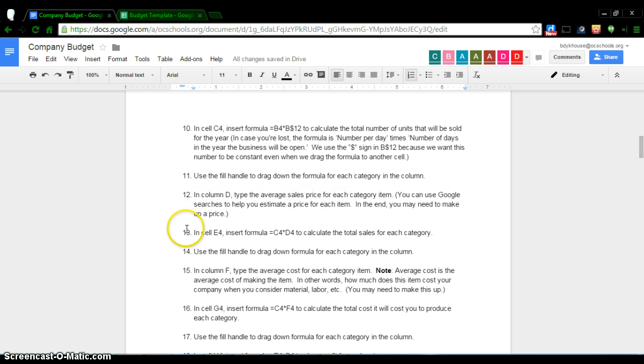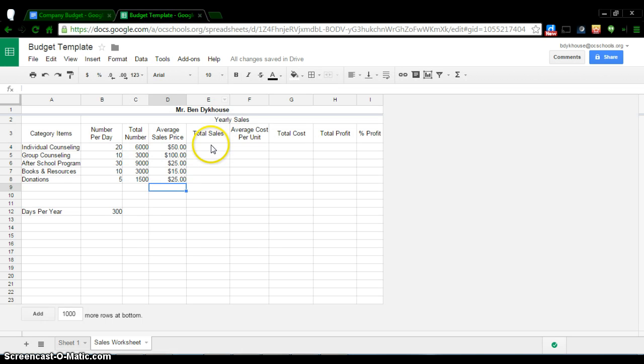Now we're going to move to number 13, where we type in this formula to sell E4. So E4 is right here. Since it's a formula, you have to have an equals sign, and we're going to multiply the total number of individual counseling sessions.